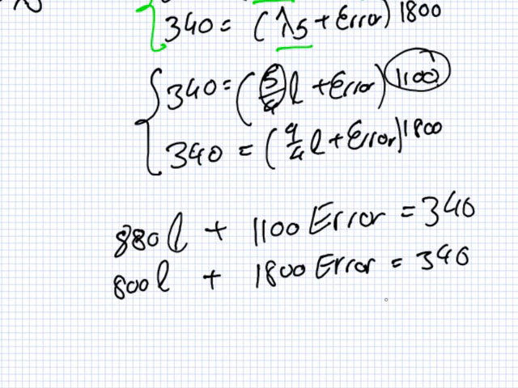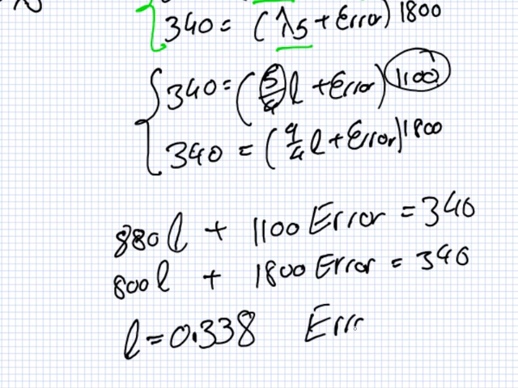You learned how to solve these in maths, didn't you? What's the name of this problem? Simultaneous. Yeah. So I'll just give you the answer directly, okay? So for L, you get 0.338, and for the error, you get about 0.0386.